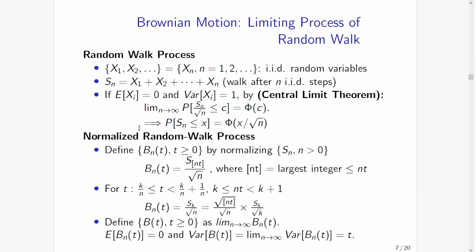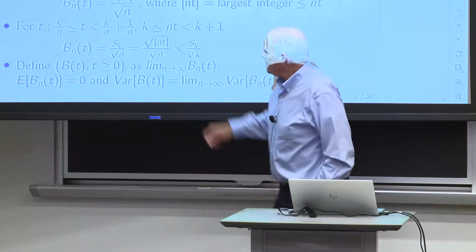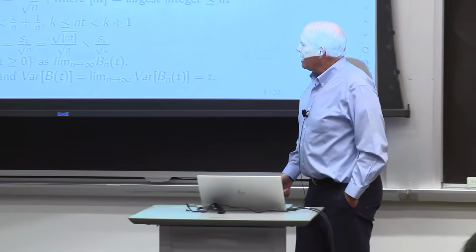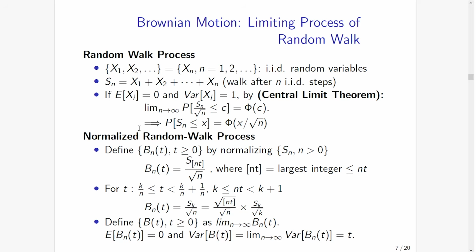And so what we can do is consider the limit as the number of steps increases arbitrarily. Let's consider the limiting process, and that turns out to be a Brownian motion process.